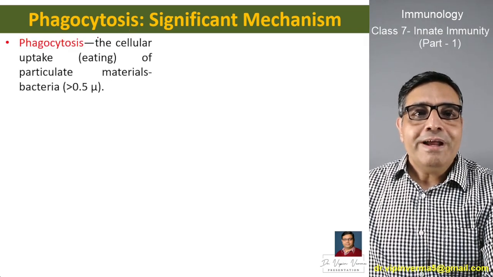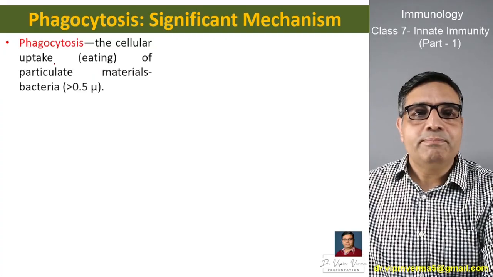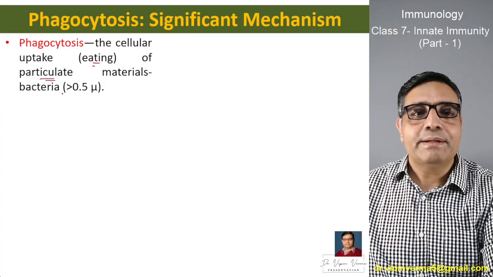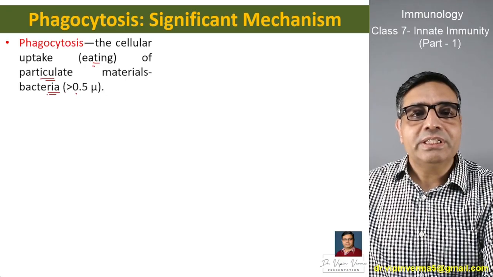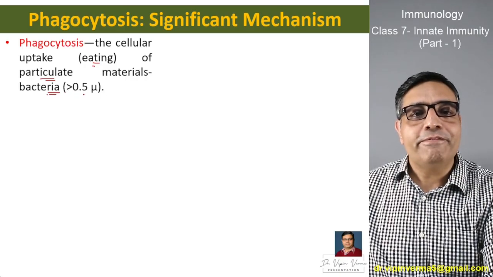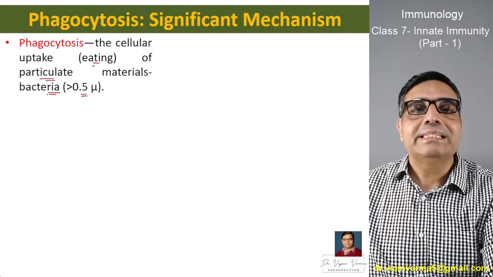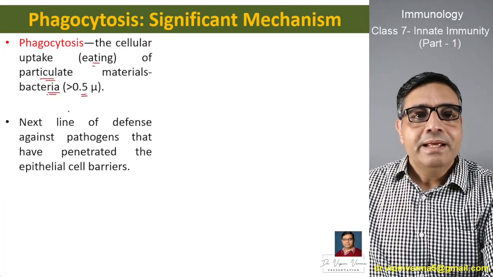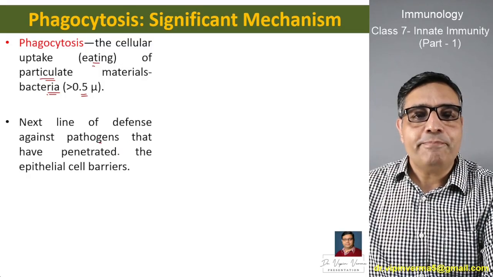Now, phagocytosis is the cellular uptake or eating of particulate material, for example, bacteria. And usually phagocytosis happens to particles which are greater than 0.5 micron in size. This is the next line of defense against pathogens that have penetrated the epithelial cell barrier.